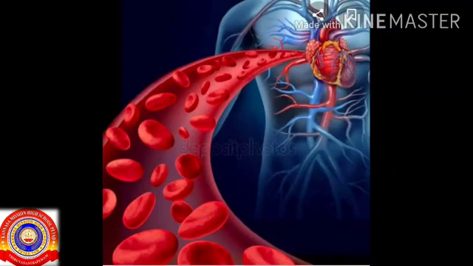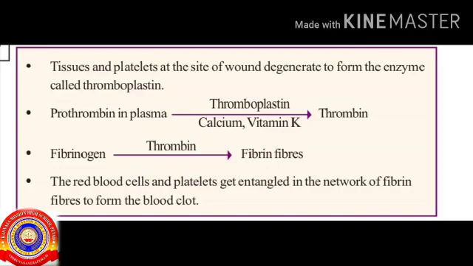Let's have a look at how the blood undergoes clotting. When the platelets come in contact with atmospheric air, they burst and liberate thromboplastin. Prothrombin, the enzyme produced in the liver, gets converted into thrombin by thromboplastin released from the broken platelets.